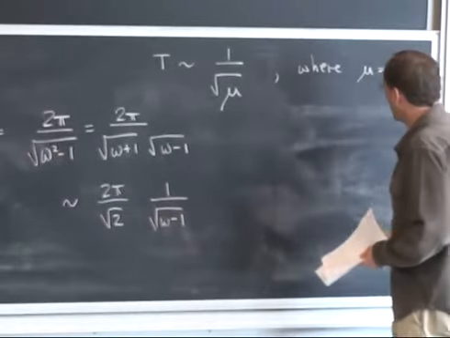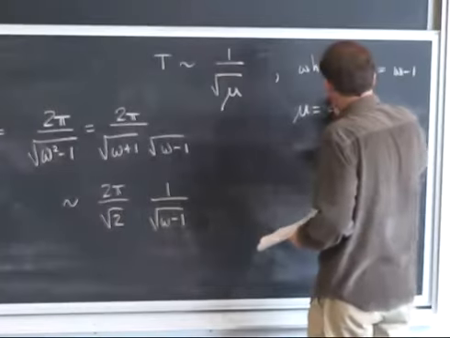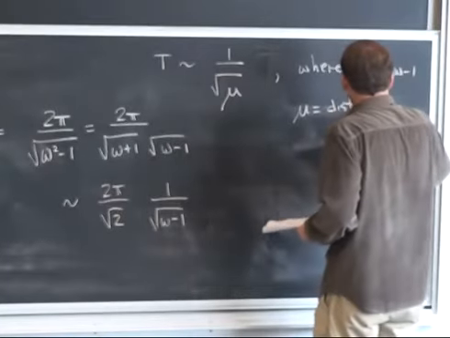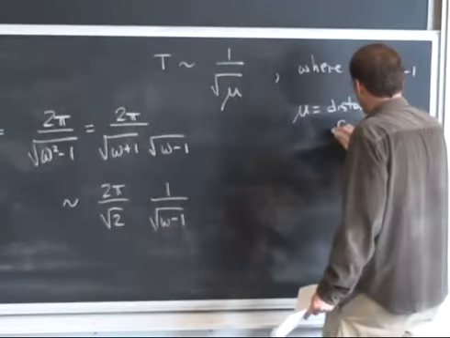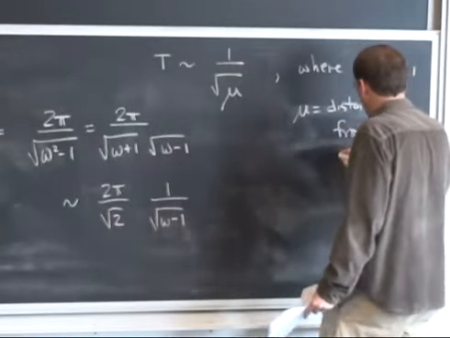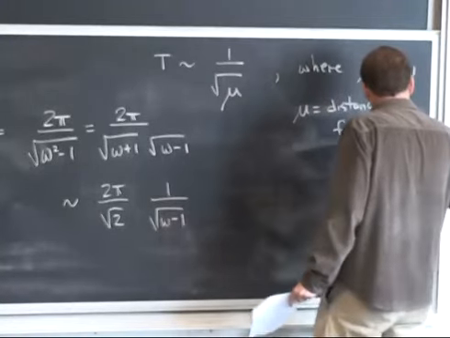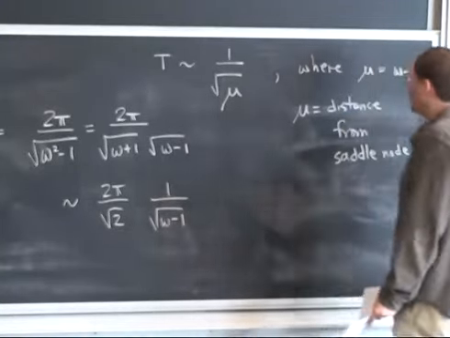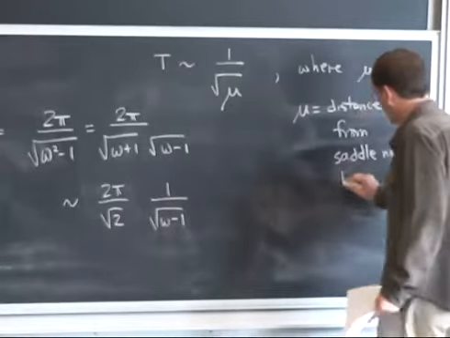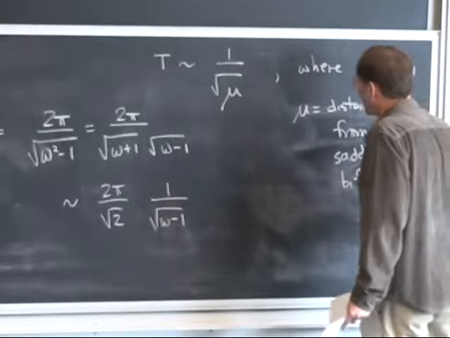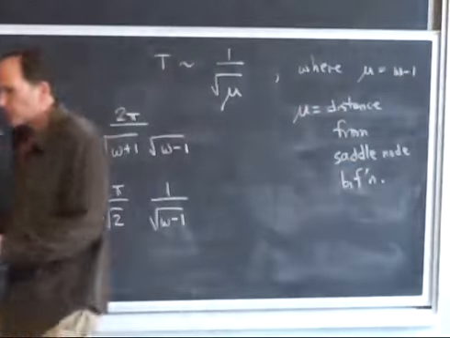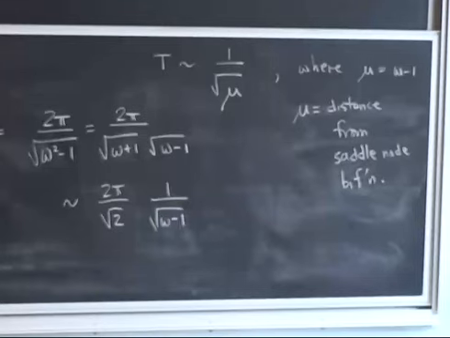But in the general case, mu is the distance from the saddle node bifurcation in parameter space. So I won't show you that, but that was the scaling that I wanted to mention, that the period becomes infinite in a particular way, like 1 over square root of x, as x goes to 0.